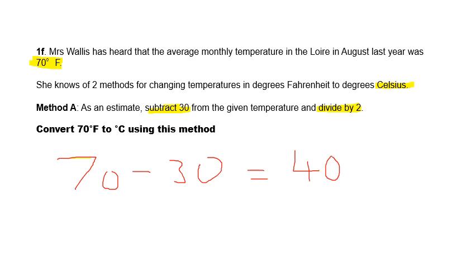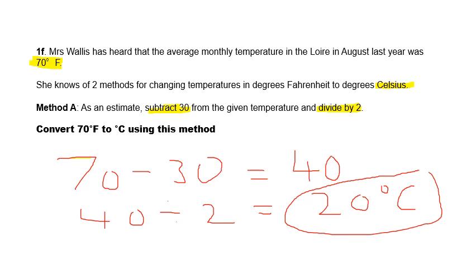Then we divide the 40 by 2, which comes to 20. So she is saying that if you use that, I suppose you call it a quick method, that 70 degrees Fahrenheit is roughly the same as 20 degrees Celsius.